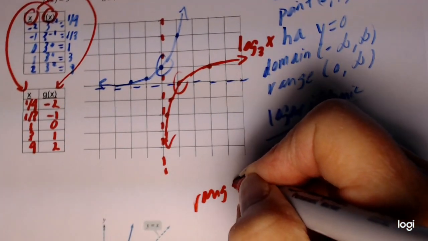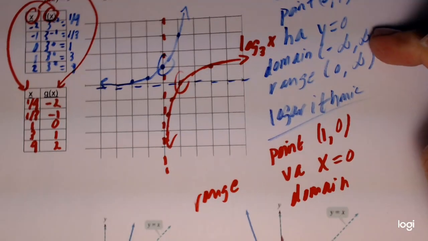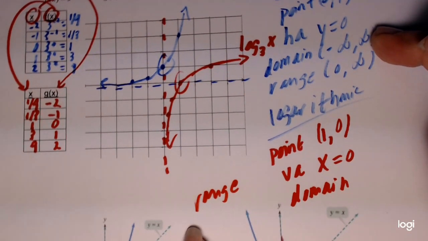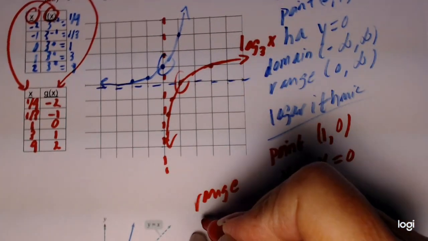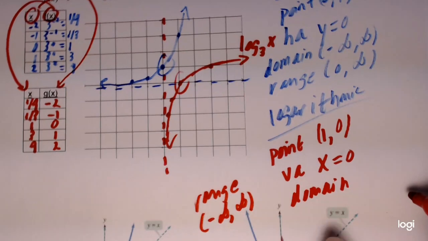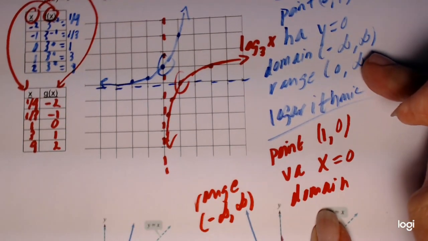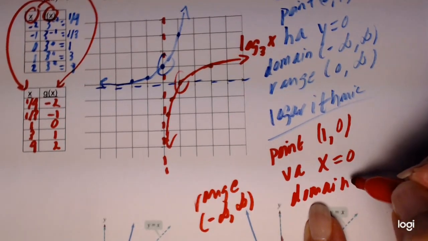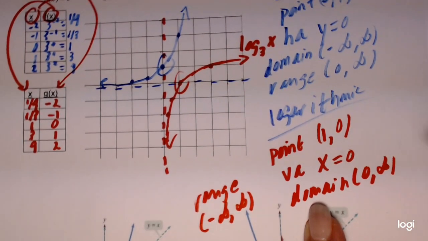Range. And we know that these flip. So the domain here for our exponential function now becomes the range for our logarithmic function. So the range is negative infinity to positive infinity. And our range for our exponential function becomes our domain on our logarithmic function, so 0 to infinity.